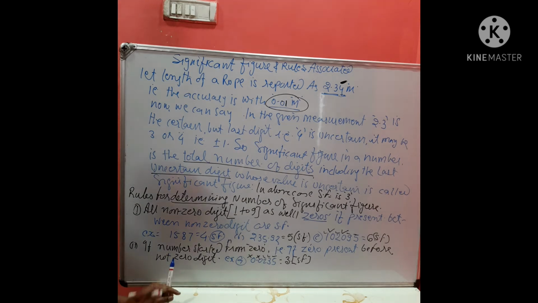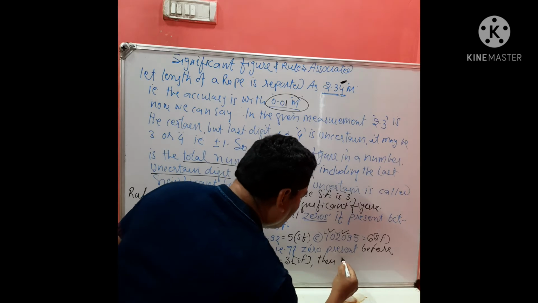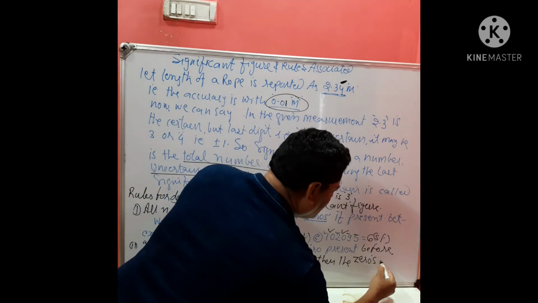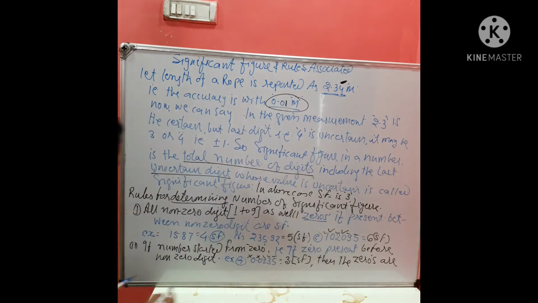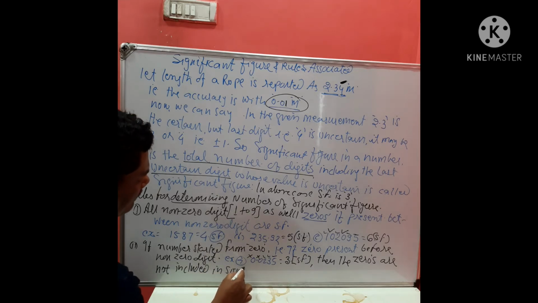So if a number starts with 0, that is, if 0 is present before non-zero digits, then the zeros are not included in significant figures.